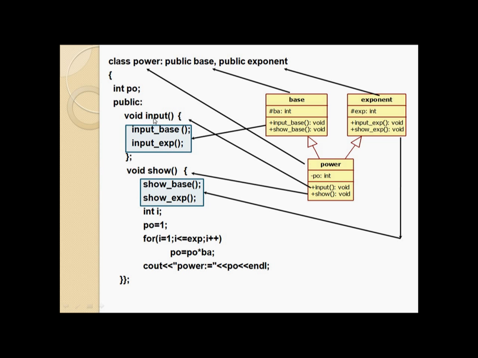As soon as the control reaches here, immediately control will move into the body of the base class in order to get the value for the base, and after getting the value the control will move to input_exponent, and then move to the exponent class in order to get the value of the exponent. Similarly for these two functions, the control will move for show_base to the base class, and as soon as the control reads show_exponent, it will reach the exponent class in order to show the value of the exponent.